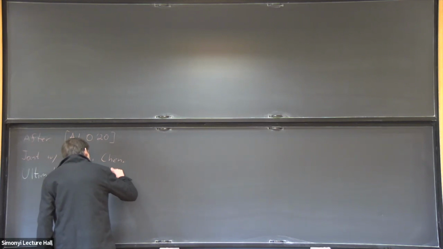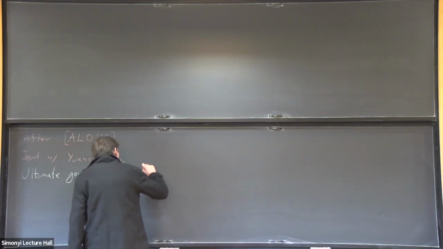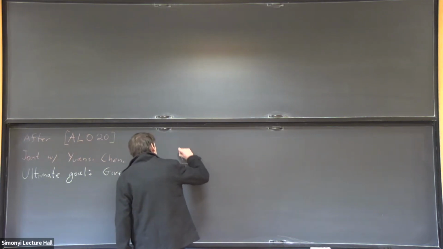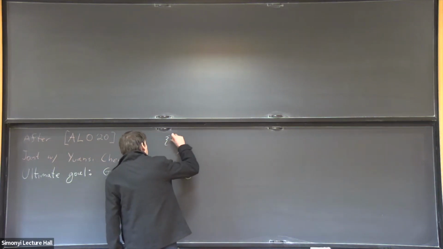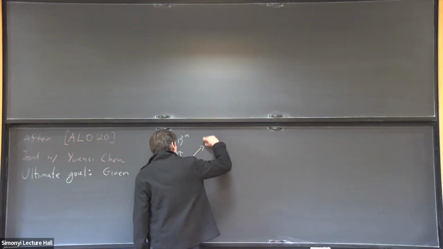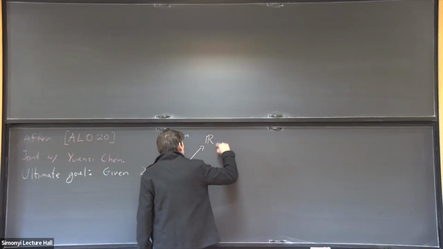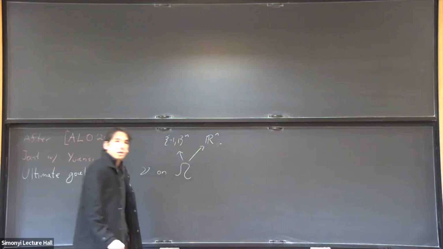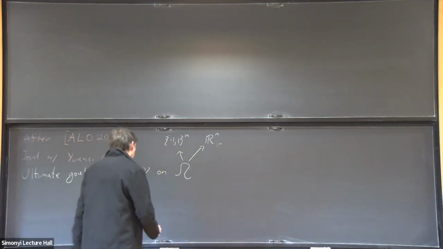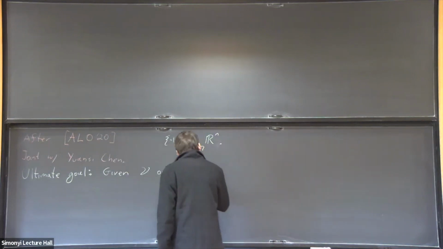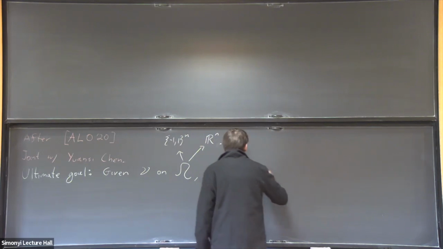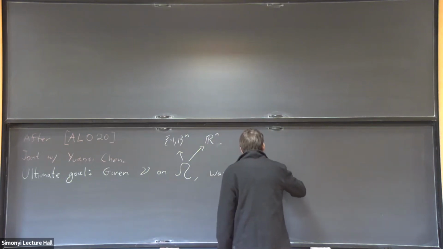So given a probability measure mu on Omega, and for us, Omega will be either {-1,1}^n, the discrete hypercube, or just R^n. The framework works for more examples, but we're going to focus on this. And given this, we want to efficiently sample from the measure.